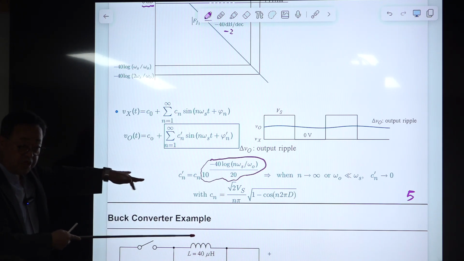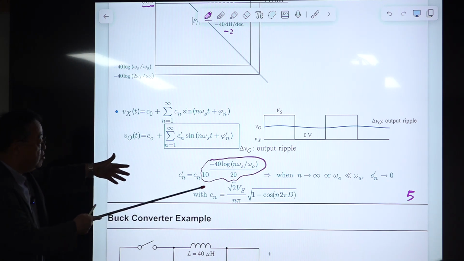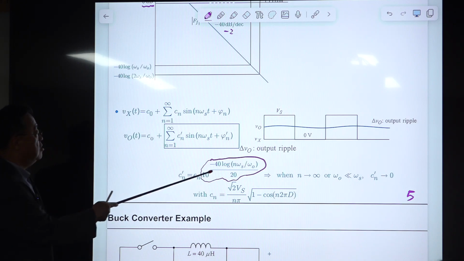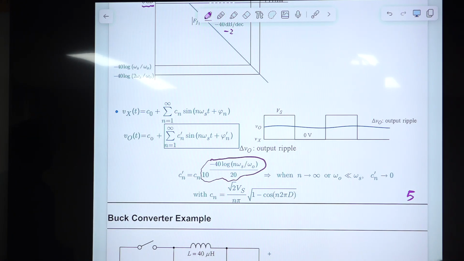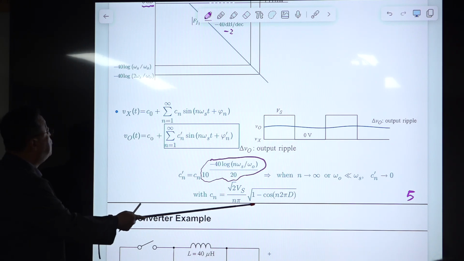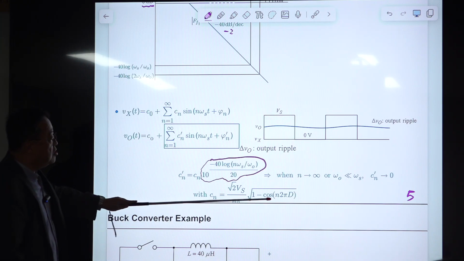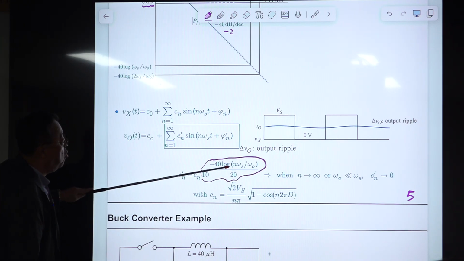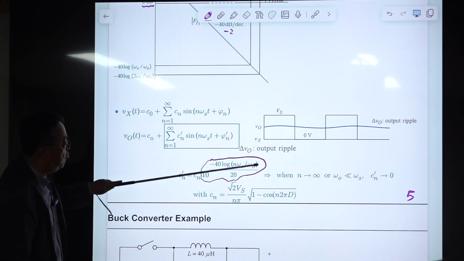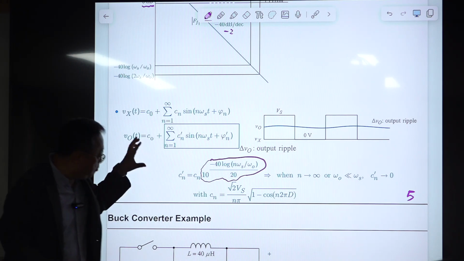This is a log to exponential conversion. This is middle school stuff. So we have this expression. And Cn is the Fourier series coefficient of this rectangular waveform, which is given, and n is known. Then we have this attenuation factor, so we just multiply them out.